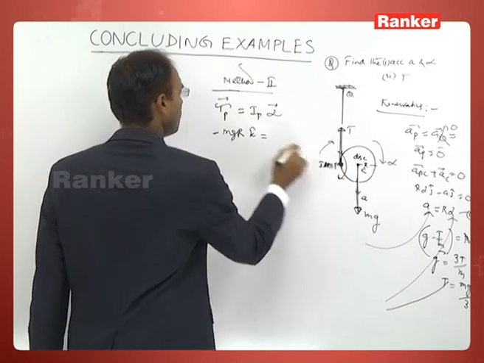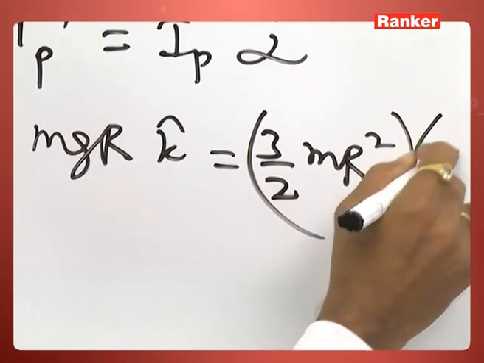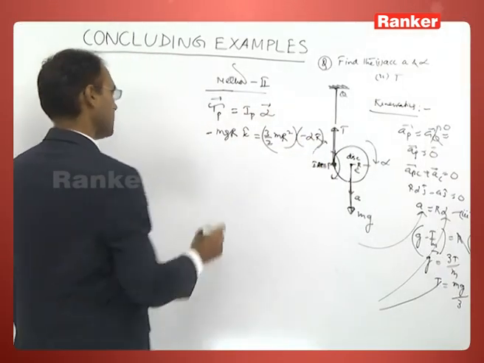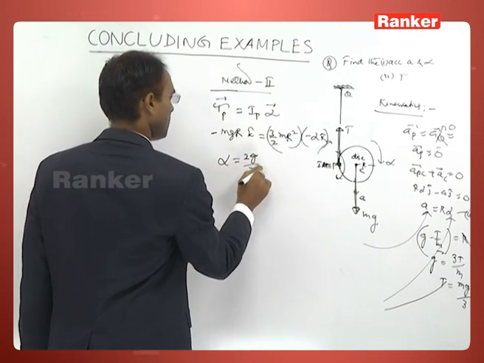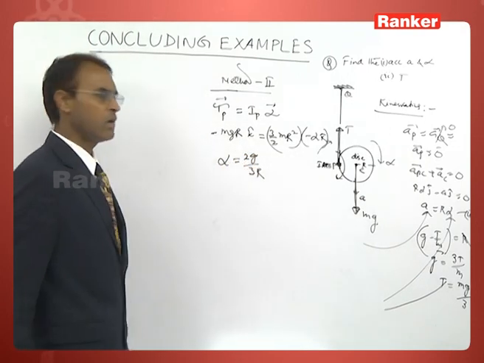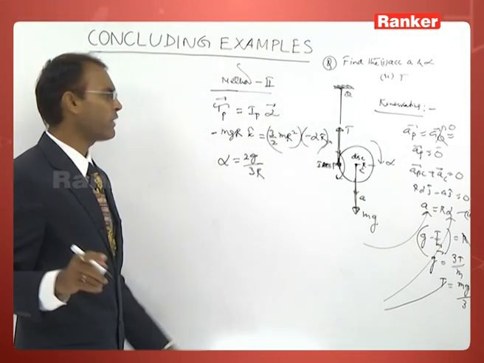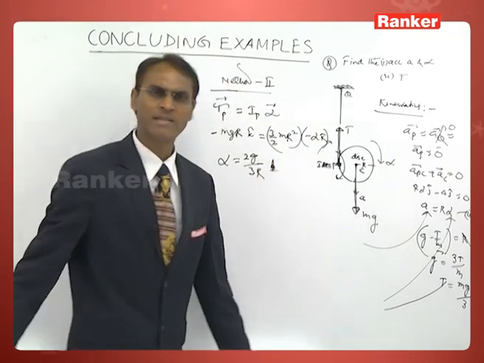IP is equal to 3 by 2 mr square, and alpha I have taken in clockwise manner. It gives us directly alpha is equal to 2g by 3r. What we have obtained by using the method number 1, by following the center of mass method, answer. And rest of the things will be as it is.